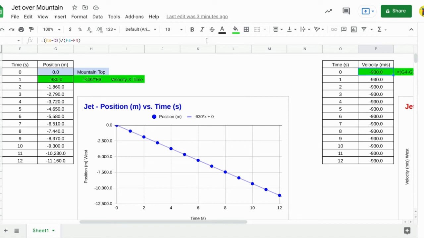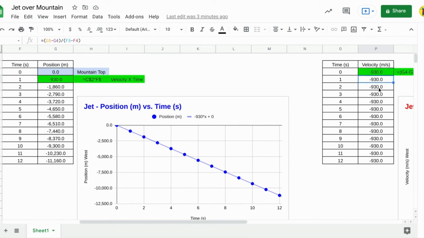The formula is G4 minus G3 divided by F4 minus F3. Those things have to be in parentheses so that it carries out the correct order of operations. So what is it doing? It's taking G4, which is negative 930, minus G3, which is 0, divided by the time change, 1 second minus 0 seconds.